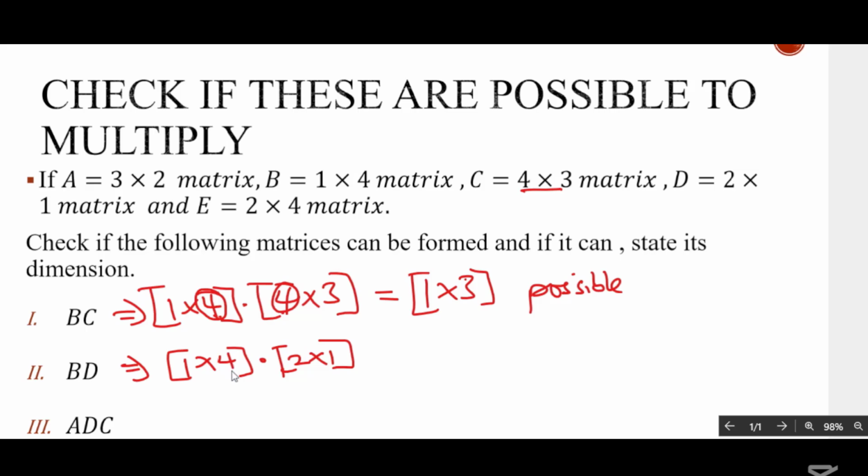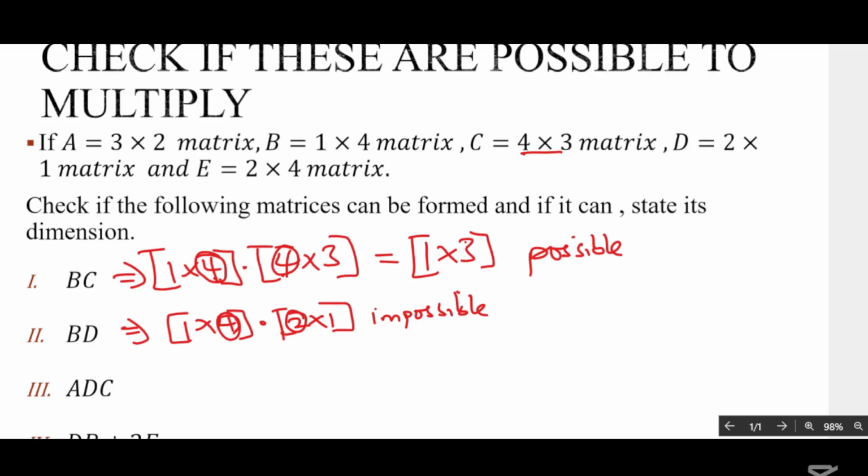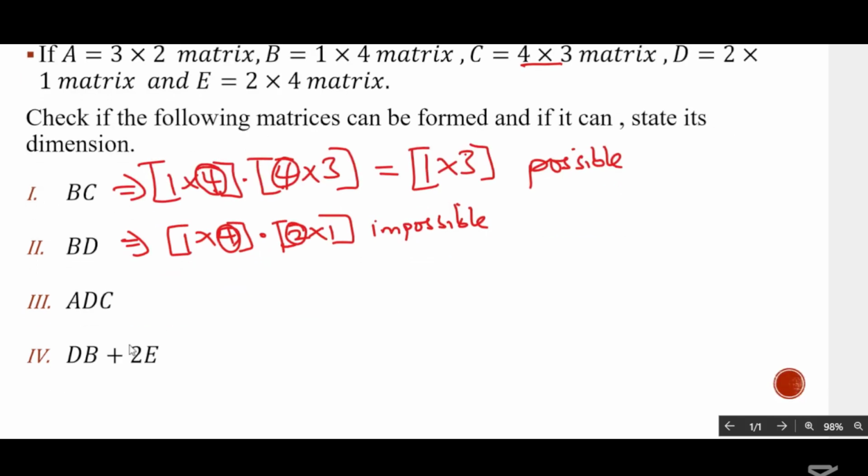The number of columns of the first one is 4. The number of rows of the second one is 2. They are not the same. It means that this one is impossible to be multiplied. So that is one of the ways to check if the two or more matrices you are supposed to multiply is possible or not. Let's check another one too here.